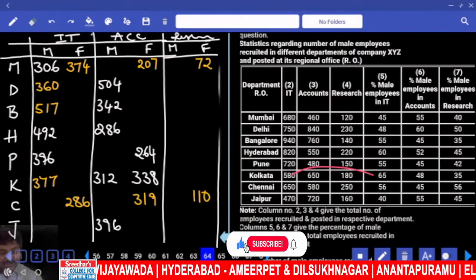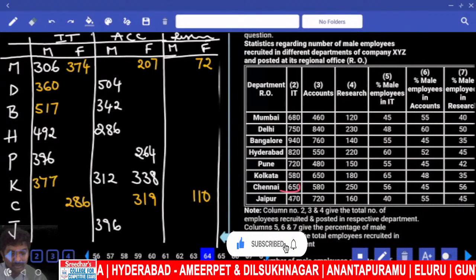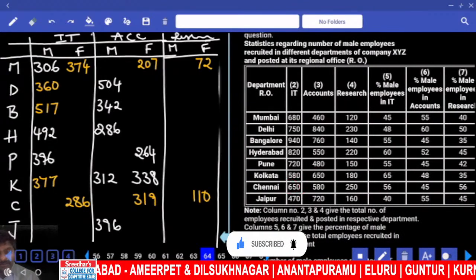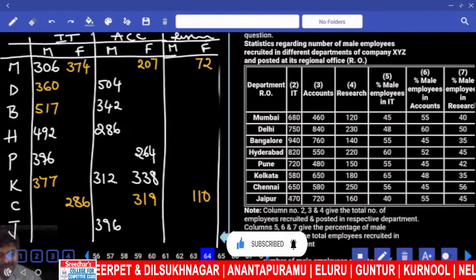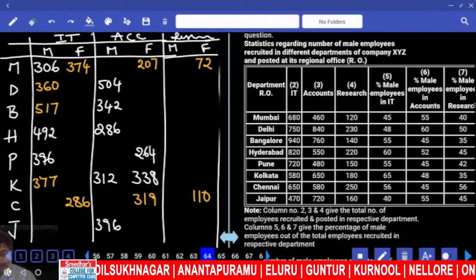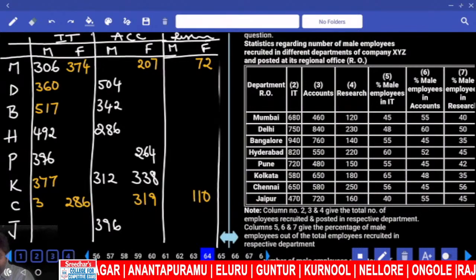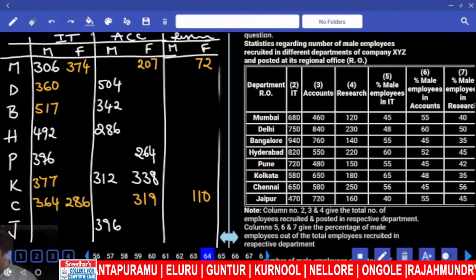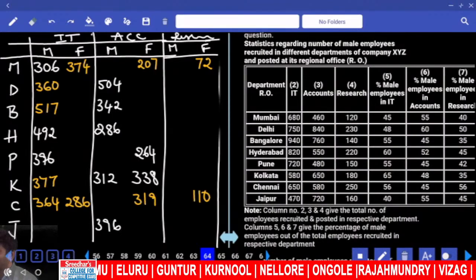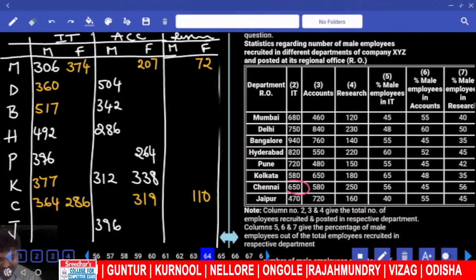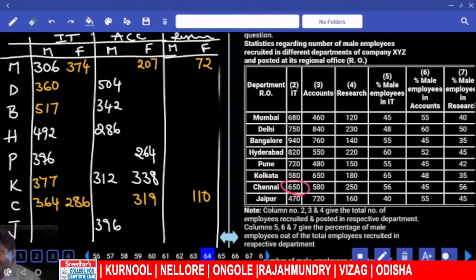Chennai, female we already know. Total is 650. Out of 650, if 286 is there, remaining value 364. Total 650, I just subtracted 286.